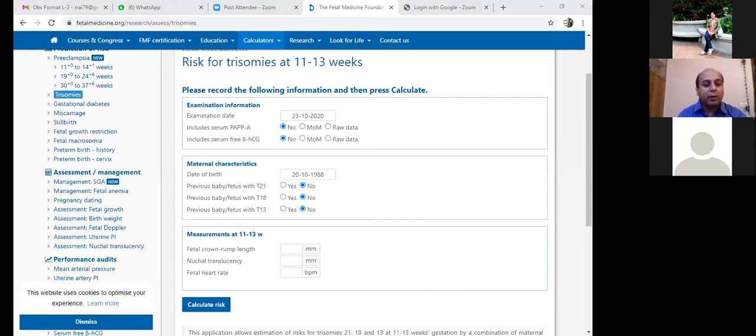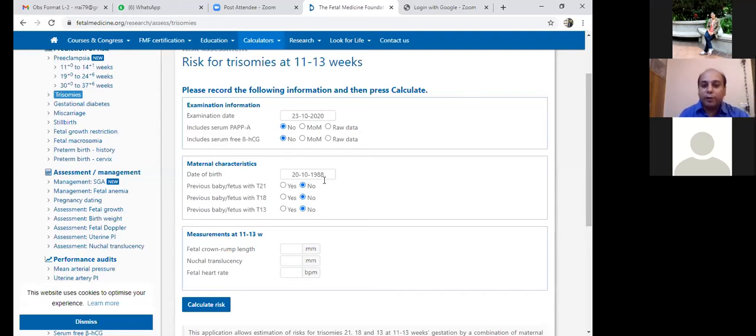Okay. So can we see this online site of fetalmedicine.org? Perfect. So on this site we go, we put the examination date, we select no for PAPP-A and beta HCG because this is before the biochemical marker sample has been sent.